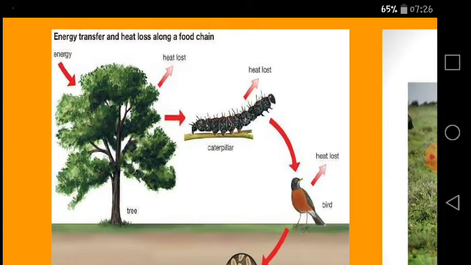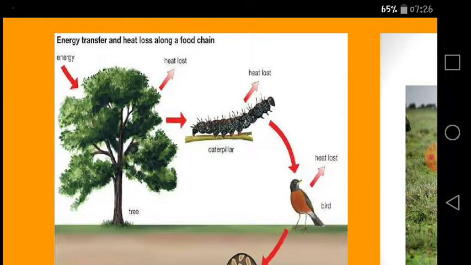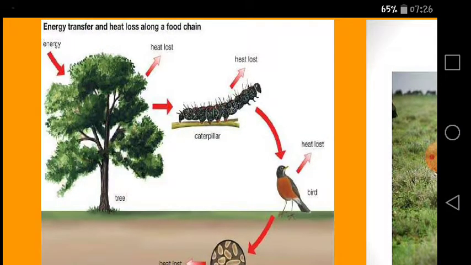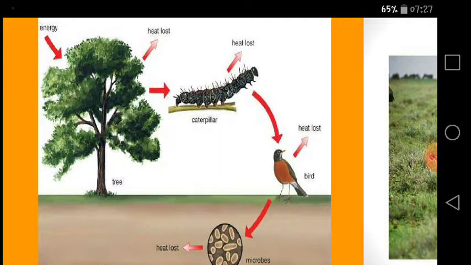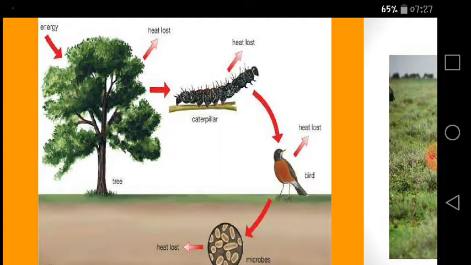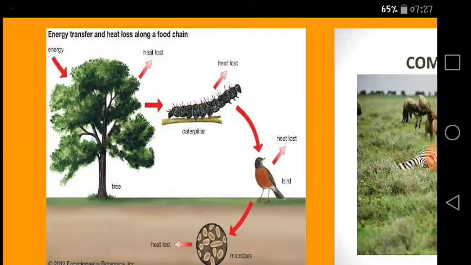Another example, you can see plant, caterpillar, bird, and the decomposers. They are living together in a habitat and this makes a community.